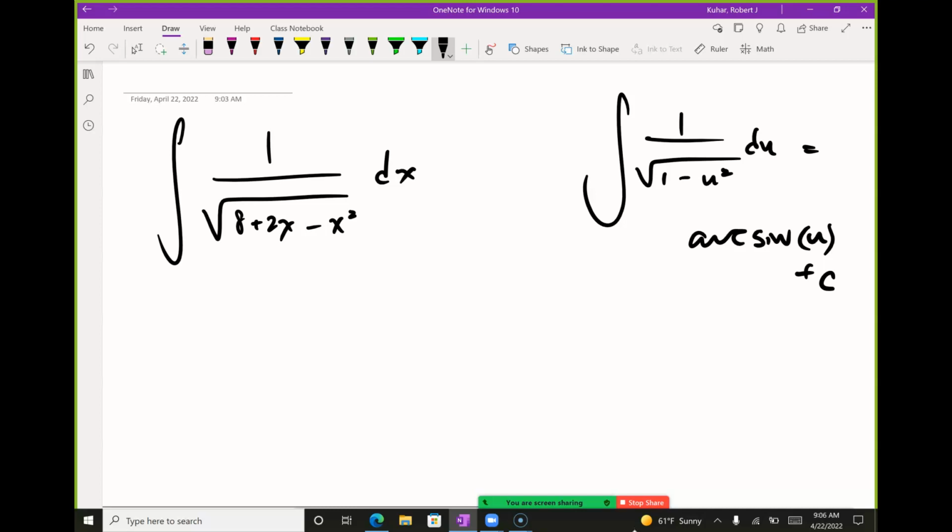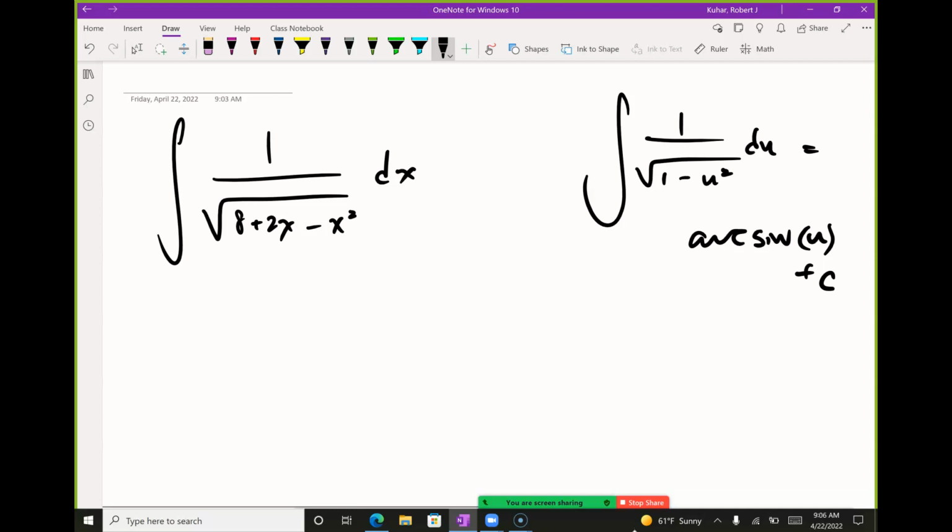So if I take the u sub inside, I get a negative 2x. Can't make that happen for my derivative. If I take the whole square root, it gets really nasty when I find du. If I take the whole downstairs, it gets really, really messy. So I'm really thinking it's an arc sine. And what do I have to do now? Complete the square.